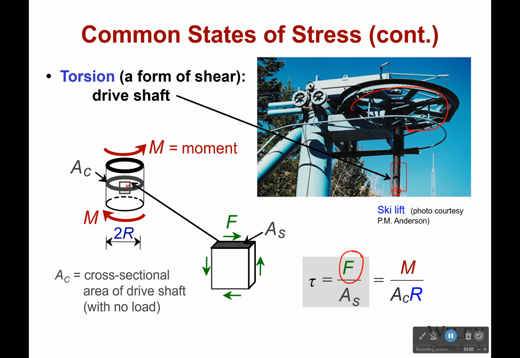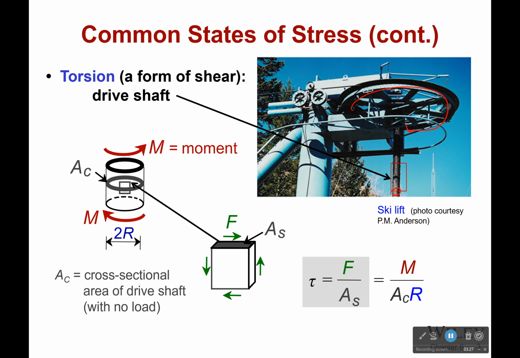And that causes a force. So our torque can turn into a force. And just like we had a stress which was tensile or it could have been compressive, that was our normal stress, we can also have a shear stress right here. The way I like to say this is shear stress is trying to cut something. It's a little harder to see with a moment, so this is when we're looking at torsion.